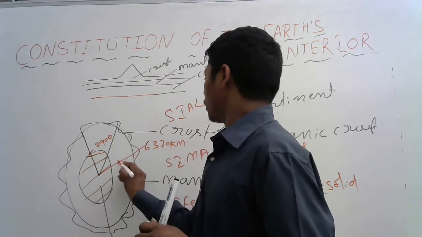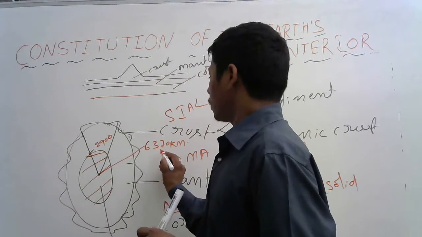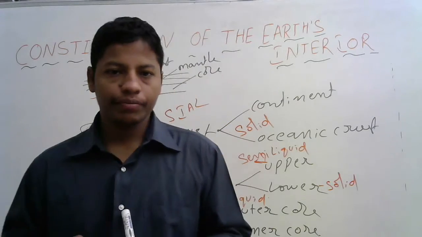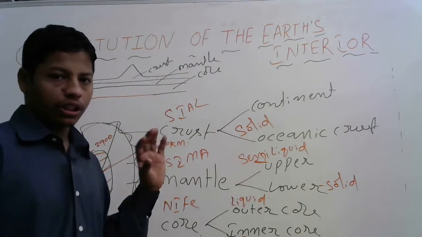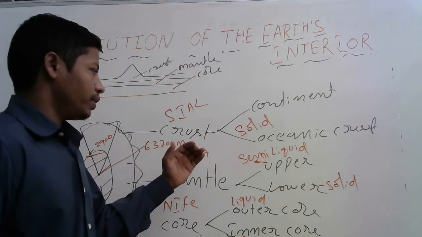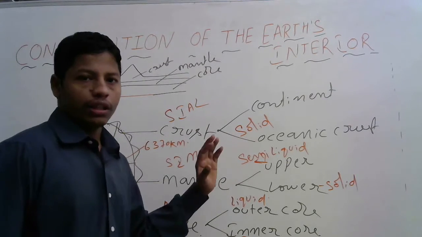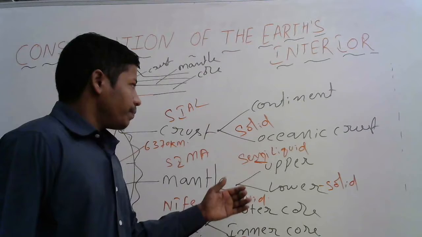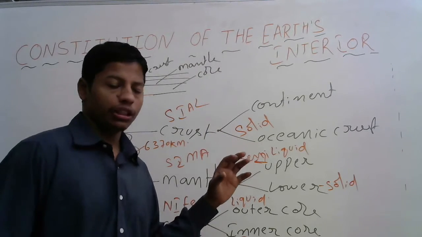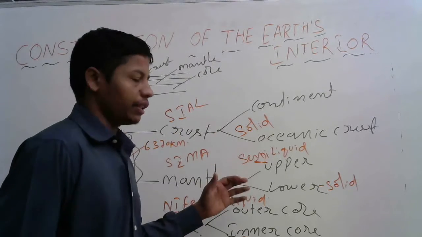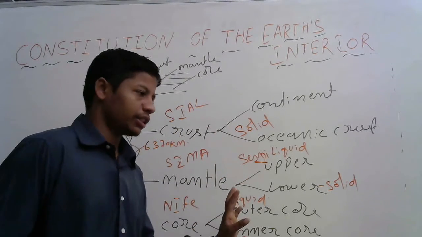The radius of the earth is 6,370 kilometers. So we know the basic idea of the earth. Earth contains 3 layers. Different layers contain different elements, and we also know the nature of the state, either solid or liquid.